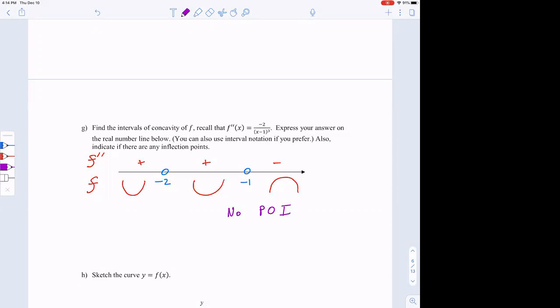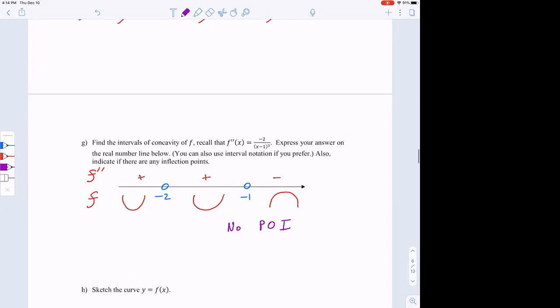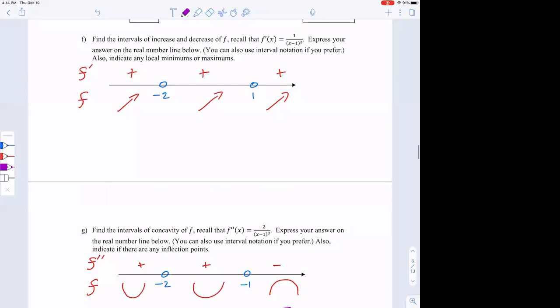Yeah, there's no critical numbers either, right? There's no critical numbers here because minus 2 and 1 are not part of the original function. So critical numbers are numbers that are in the domain where there is no derivative, or where the derivative is 0.